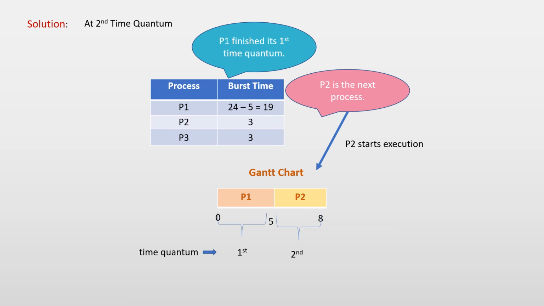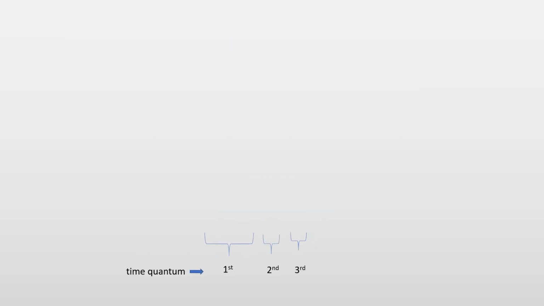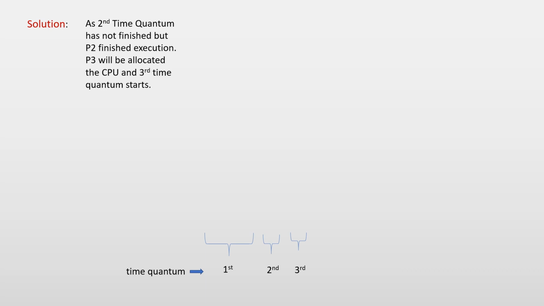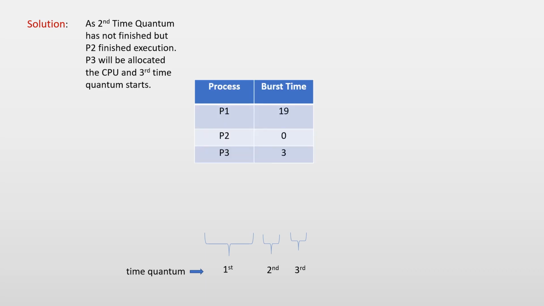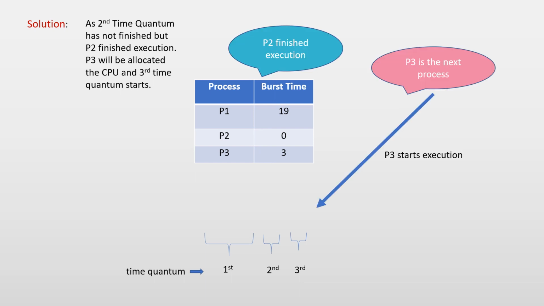P2 has a CPU burst of 3 milliseconds. So before the time quantum finishes, P2 exits the system, and hence hands over the processing to the CPU for other processes for execution. So right now, if you see, P2 has finished its execution, so it is out of the system. Remaining 2 processes are P1 and P3.